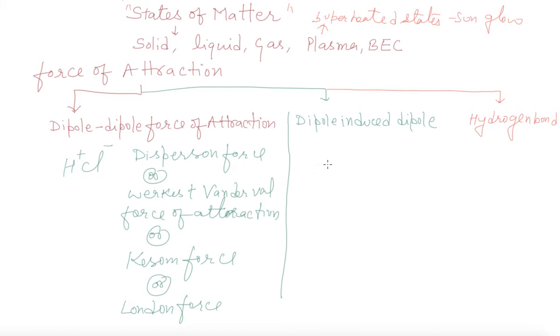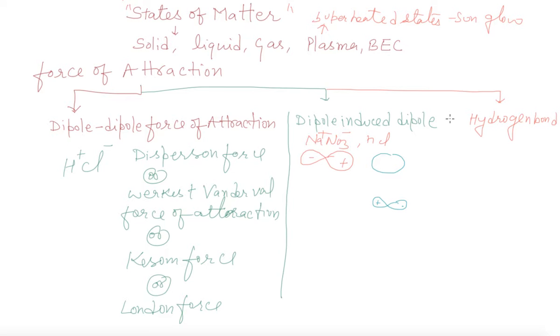If we have a molecule which has a dipole, suppose I take the example of HCl, one positive charge and one negative charge, and if it hits a neutral molecule, whenever it hits a neutral molecule, it induces a dipole, and this molecule will momentarily get a dipole, positive and negative will be induced.